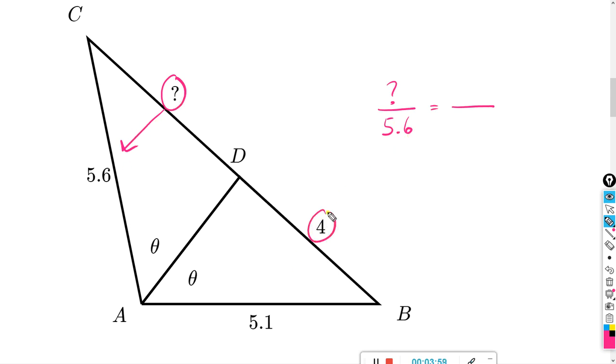So that would be 4 divided by 5.1. And then the opposite of dividing by 5.6 would be multiplying both sides by 5.6. So if you did this on the calculator, it cancels right here. You'd get the same answer, and you wouldn't have to cross multiply.